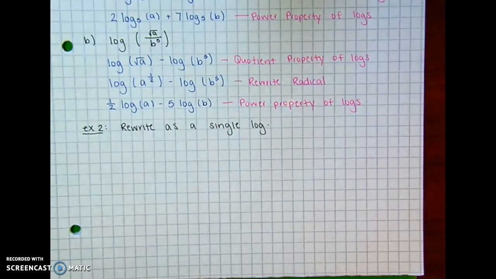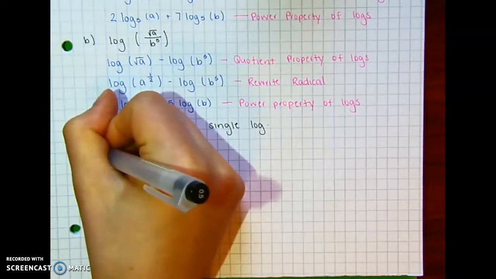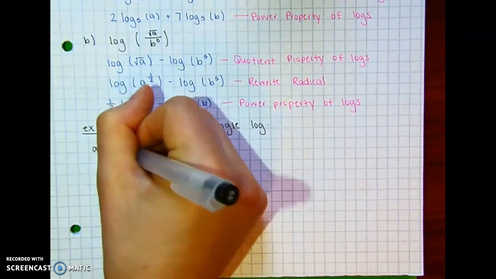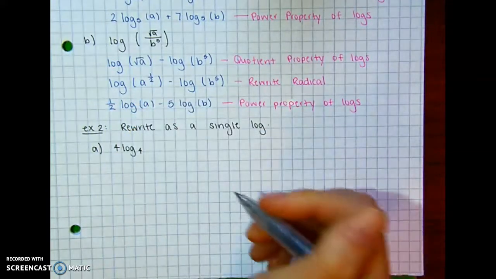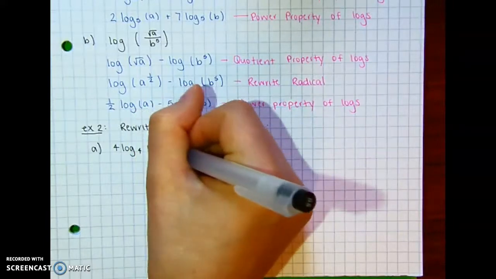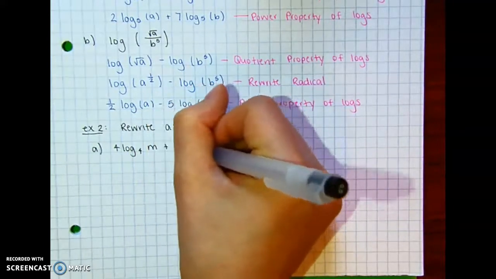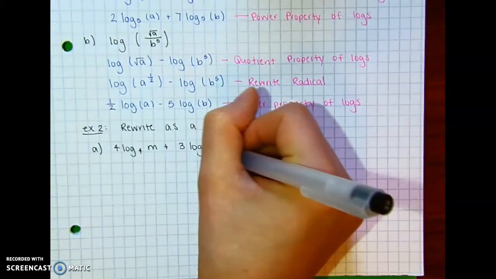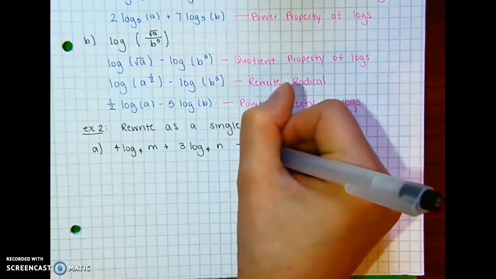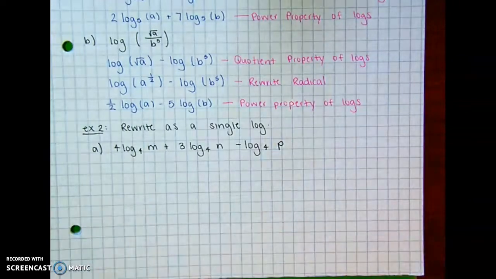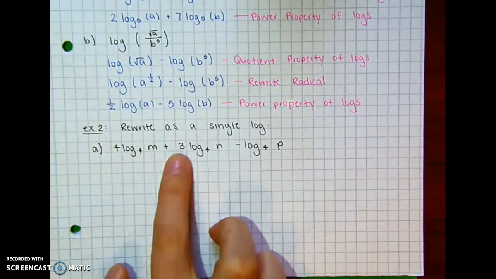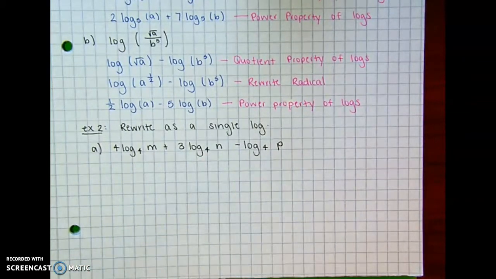All right, so the example I would like us to do is 4 times log base 4 of m plus 3 log base 4 of n minus log base 4 of p. All right, so there's a lot of stuff going on, right? We've got things being multiplied, we have addition, we have subtraction, so we're going to want to use multiple properties.